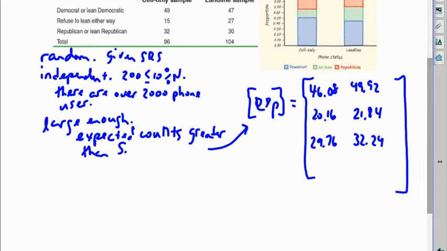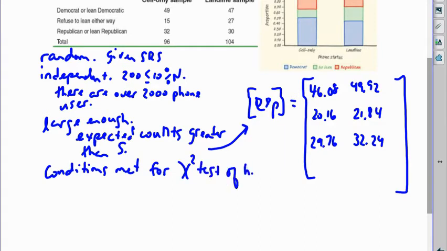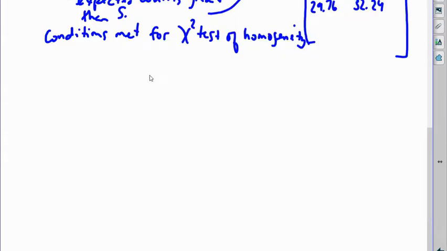At the beginning of this problem, I did write that I am doing homogeneity. Okay, and so let's write our hypotheses. So remember homogeneity is about being a difference.